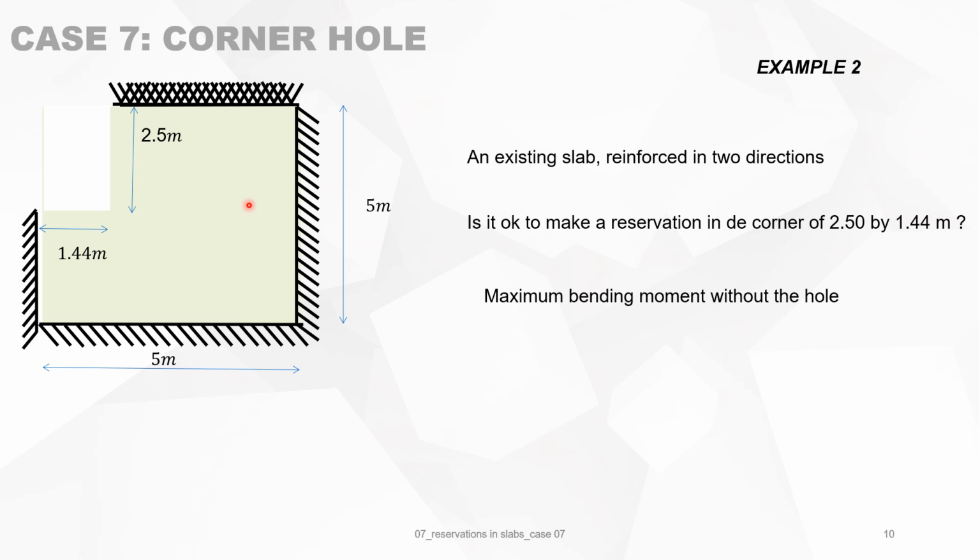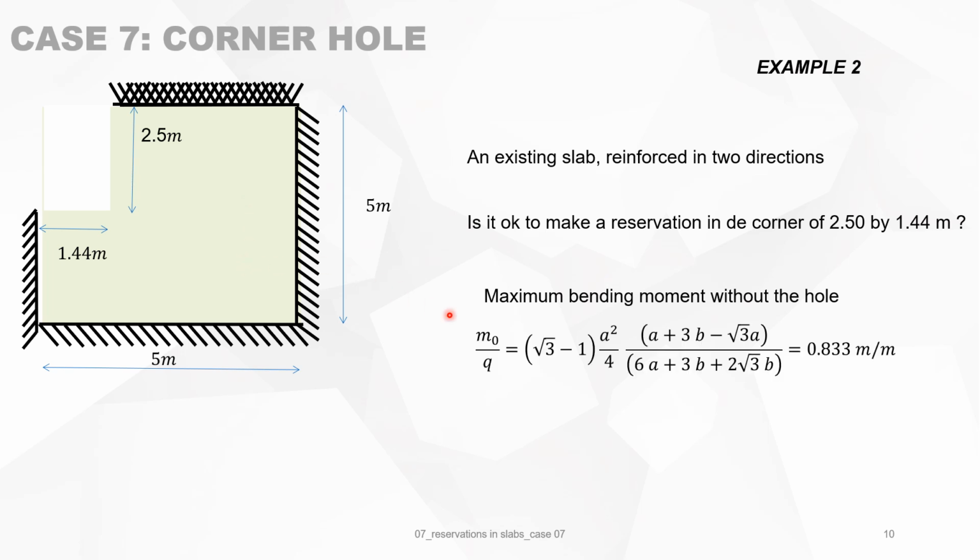So that's why we will calculate the bending moment of the slab without the reservation, but we don't know Q, so we divide M0 by Q, and what is left is only dependent on the geometrical characterizations of the slab.